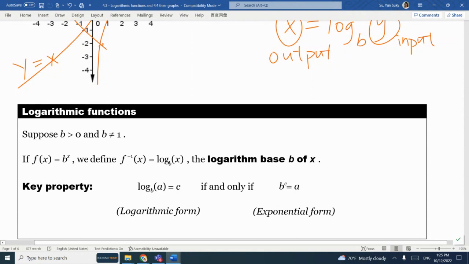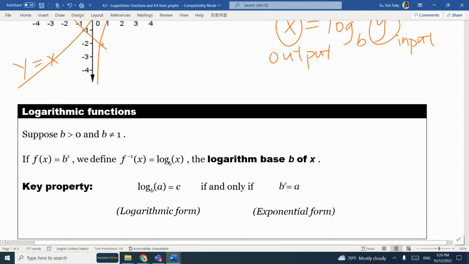A equals b to the c. B is the base. And then c is equal to log base b of a. So it's like you interchange the inputs and outputs.